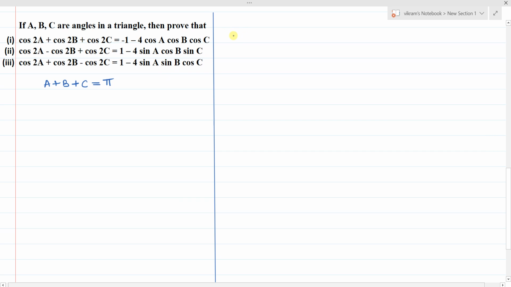And the first question is cos 2A plus cos 2B plus cos 2C. Now we can apply the formula cos C plus cos D for the first two terms. I'm considering the LHS.